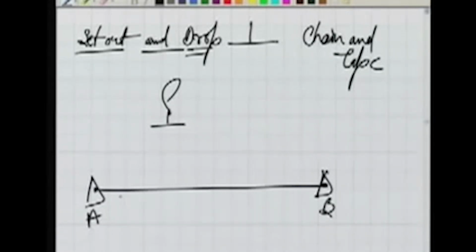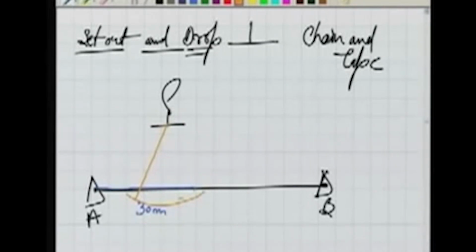What will you do? On this survey line, let us say my chain is spread. Okay, this is a 30-meter chain, spread. What I do, I take my tape now. I keep one end of the tape here, stretch it and swing it.